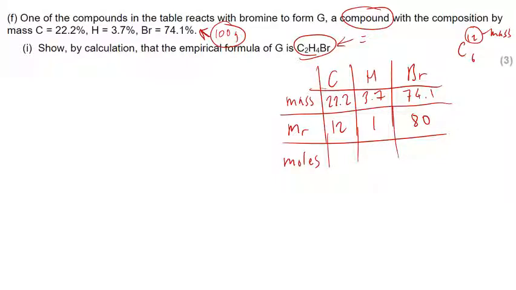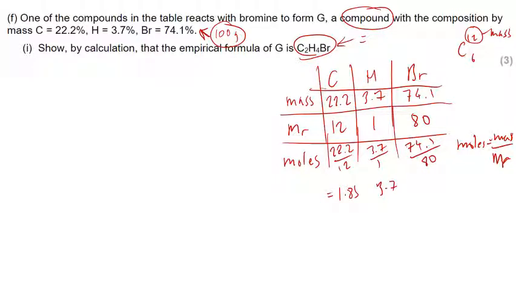Now, working out the moles, we're using the same equation that we've used in all our mole calculations: moles equals mass over MR. If we do that calculation with each of these, you will get the number of moles. Make sure you do this the right way round to get the marks.